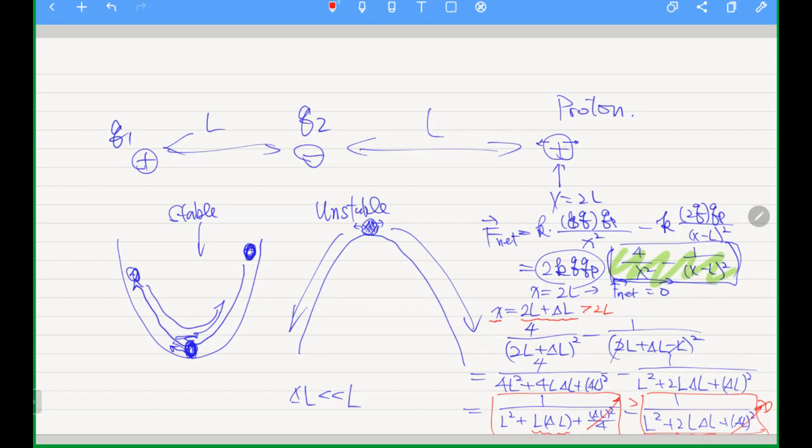So if this one moves to 2L plus delta L, there will be a positive force to push it away, which means that it is unstable.